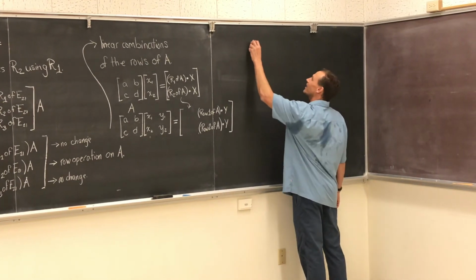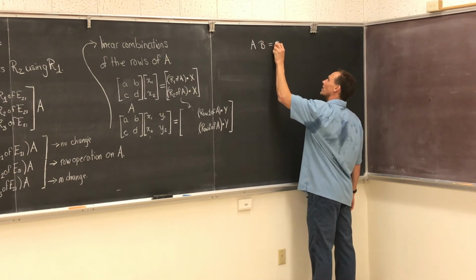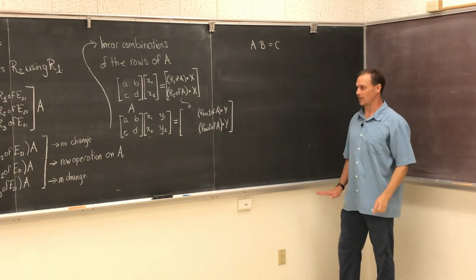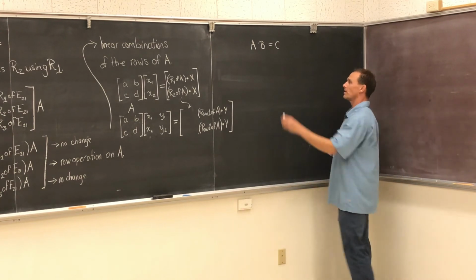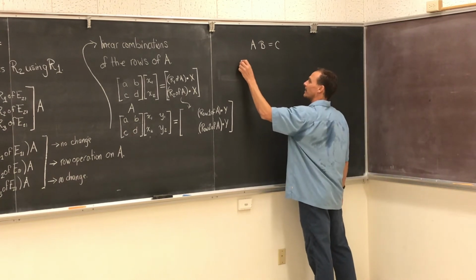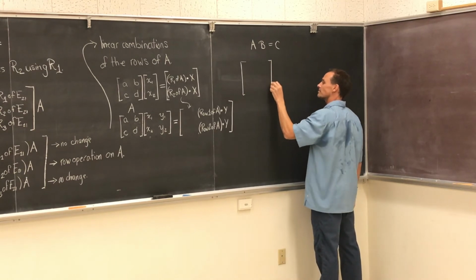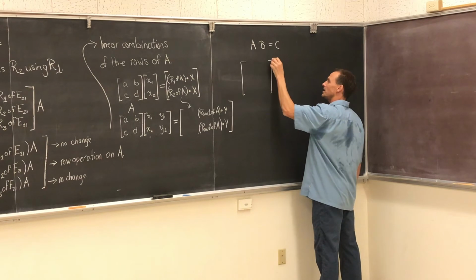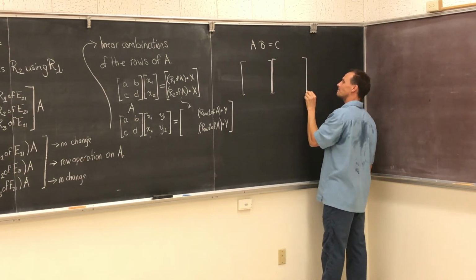Say I had A times B equals C. Now we're going to use some notation as we go here. Let's say A looks something like this, and B maybe looks like this.